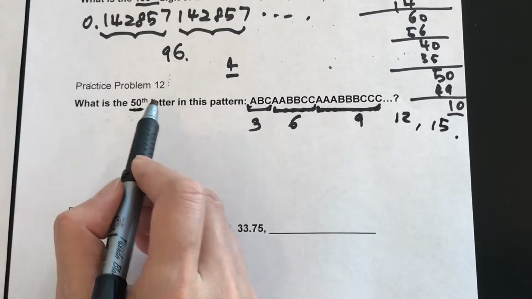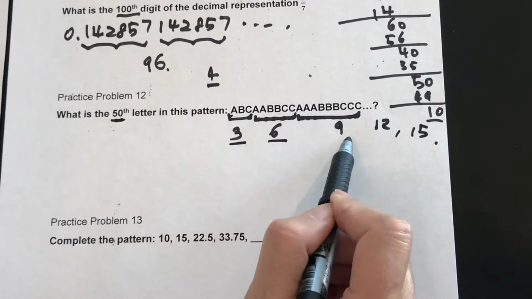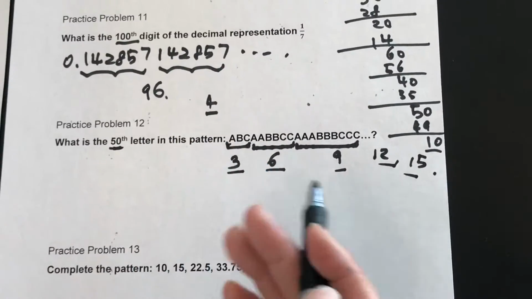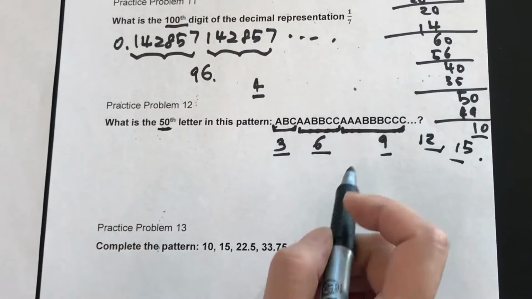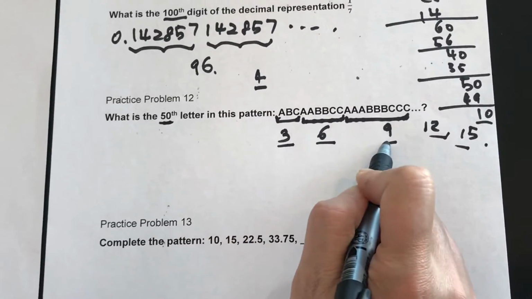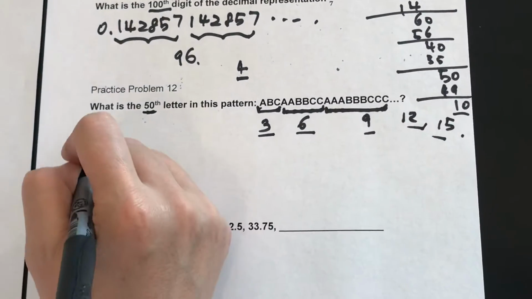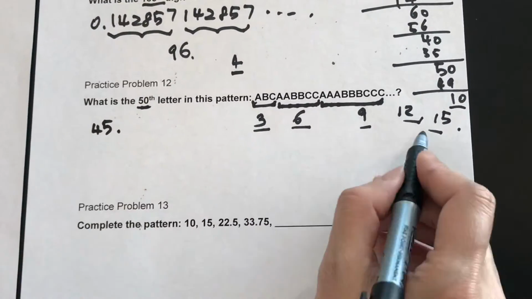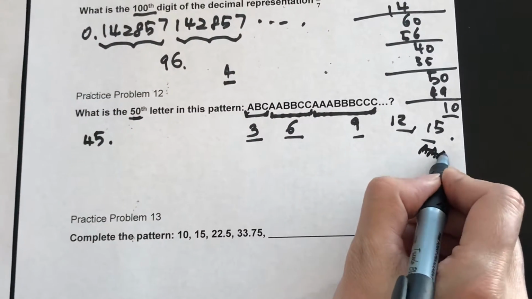We need to find the 50th. So we need to get rid of all this to find out what the unit digit is in order to find our answer. So 3 plus 6 plus 9 plus 12 plus 15, that's 45. The 50th comes in after this, so this is 5 A's, right?